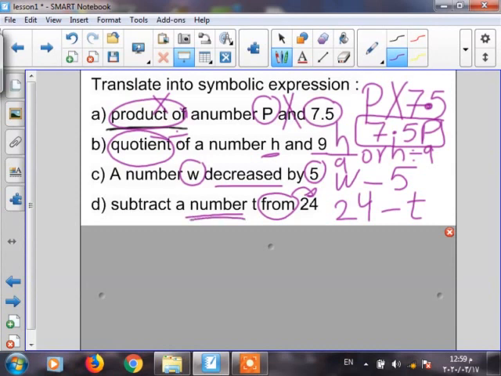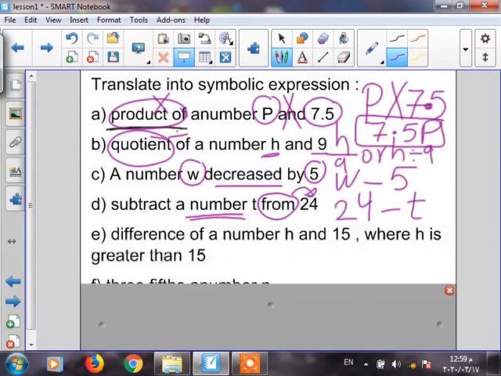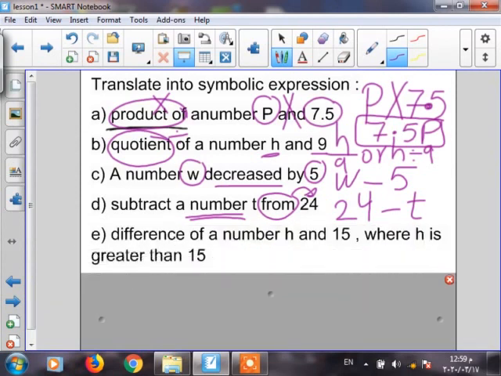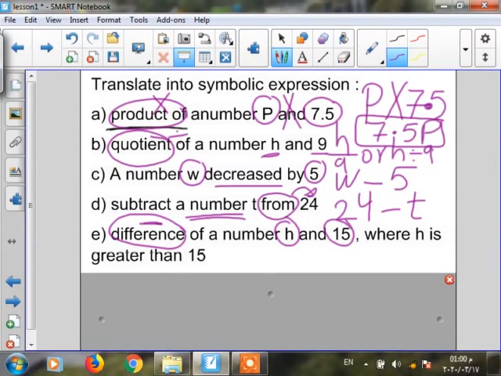Okay, the next one. I want to get the difference. What is the meaning of the difference? The difference will be minus. The difference of the number h and 15, so I have to get the difference between these two numbers, where h is greater than 15.